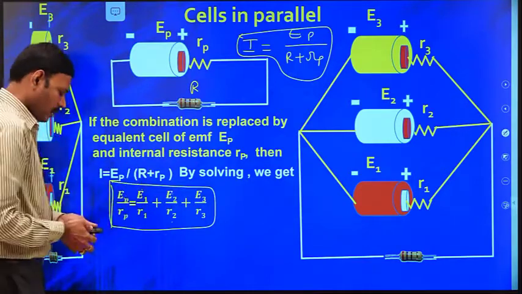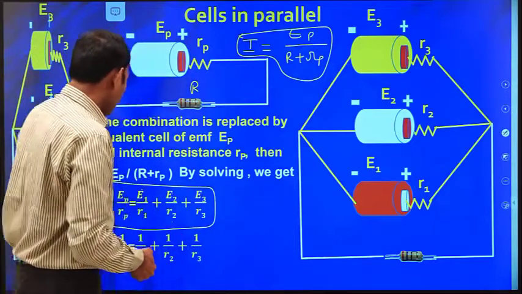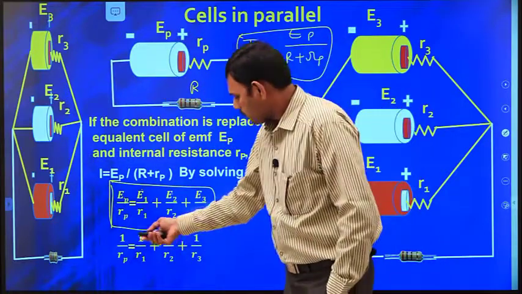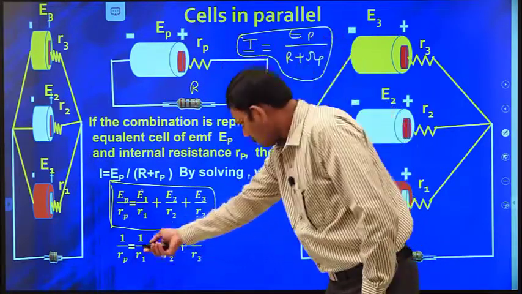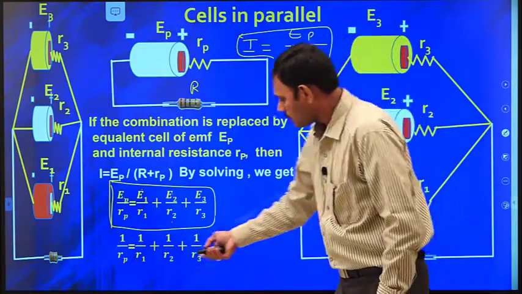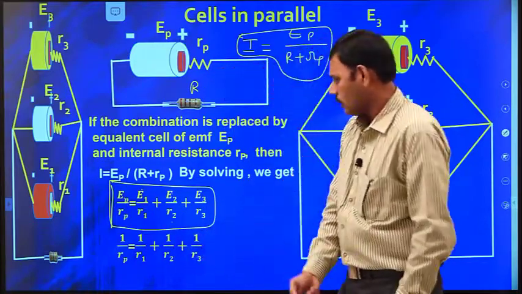Then what is RP? So RP, we simply use a parallel expression. If resistors are connected in parallel, effective resistance is found by using this formula. 1 by RP is equal to 1 by R1 plus 1 by R2 plus 1 by R3.